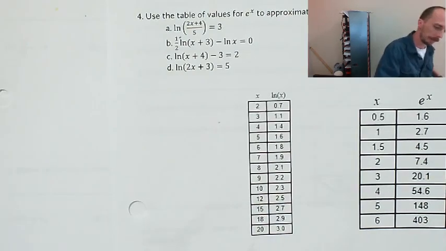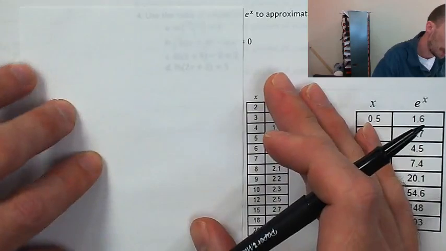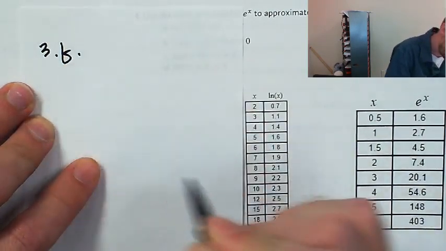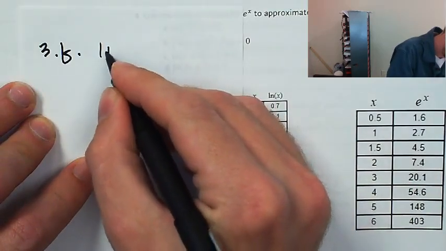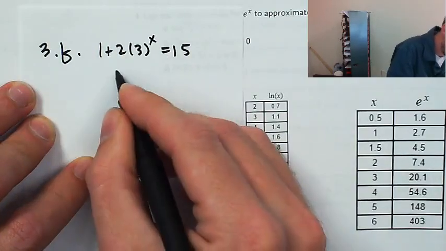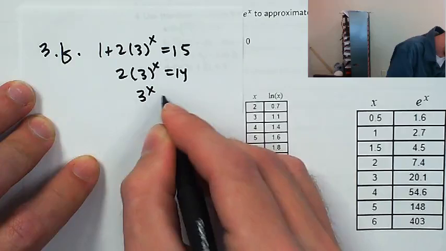Two more of these, and then just a few more. So for E, for F, I already did E. 3f. 1 plus 2 times 3 to the x equals 15. So I'm going to subtract 1. Divide in half.